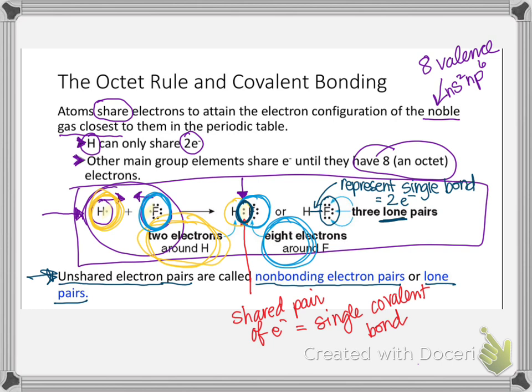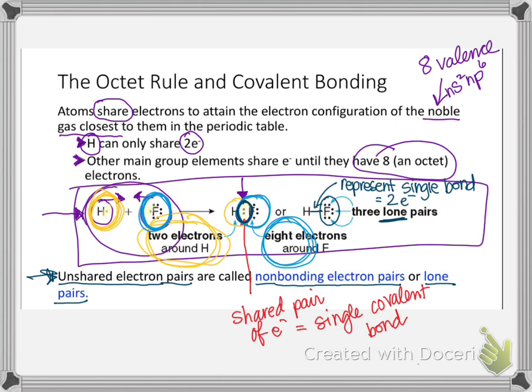All right. So on this slide, you do need to know how the octet rule can be applied to covalent bonding. I'm going to repeat this next thing so much, but hydrogen will only have 2 electrons ever, no exceptions. And every other main group element is going to try to have 8 because we will not be dealing with the exceptions.